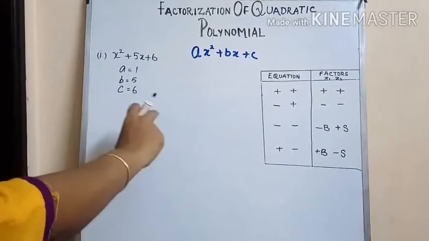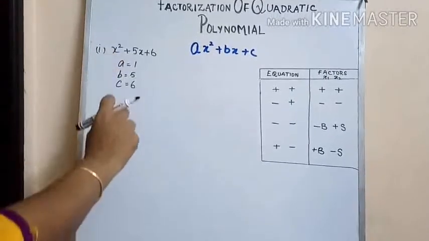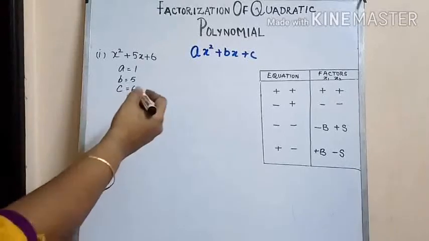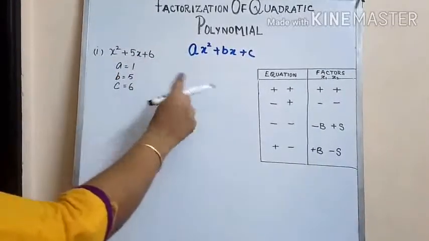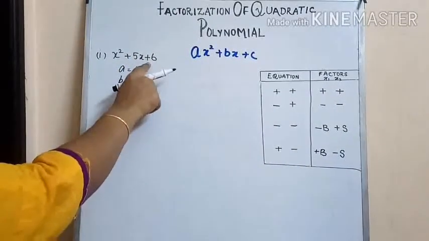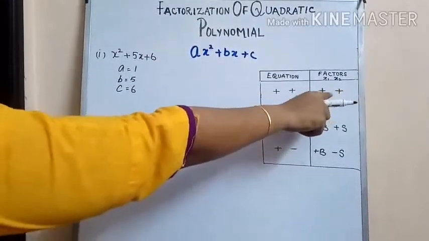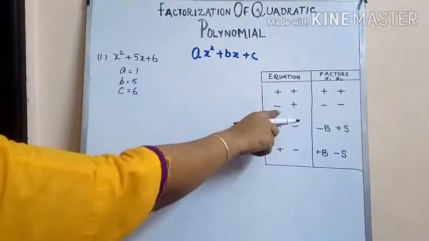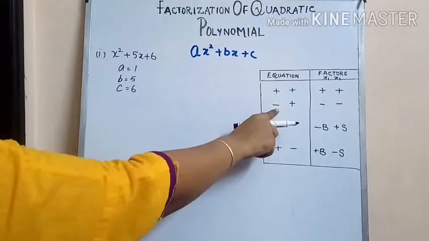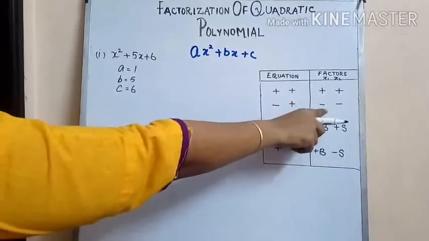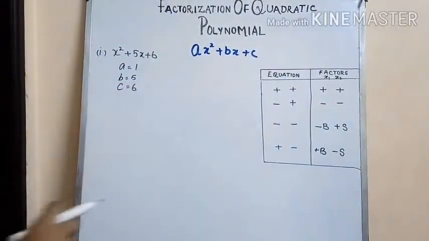Here we would split 5x in such a way that it would help us in factorizing using the grouping method. If the equation is of the type plus plus, your factors will have the signs plus plus. Consider an equation which contains the signs minus plus, your factors will take the signs minus minus.